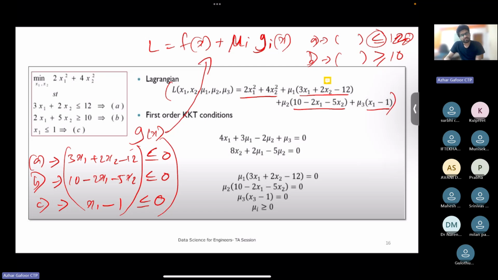Now we take the gradient with respect to each of the variables. Here we have x1, x2, mu1, mu2, and mu3. So we first take the gradient with respect to x1, then with respect to x2, and so on. If you do that, we get equations, and finally we can solve these equations.